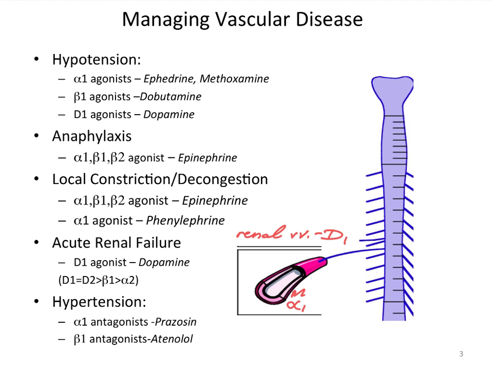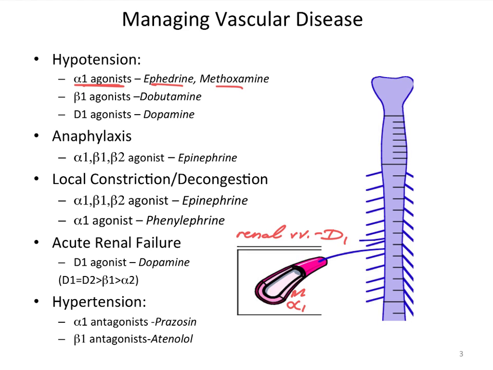So what about hypotension? In a hypotensive situation, the animal needs something to increase its blood pressure. Well, a specific alpha-1 agonist, and these I've just listed for you, and they are not the focus of this. We really want you to understand the logic behind the reason for using a drug class, or why you want to stimulate that receptor, and we just want you to know there are drugs that do that.